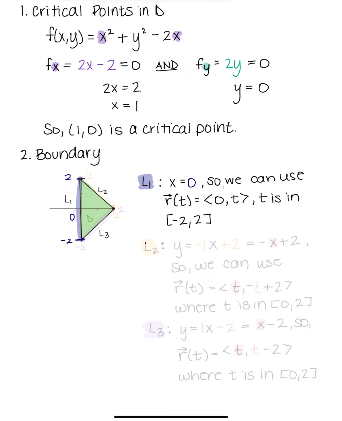So that's your first line. Then we can look at our second line. Our second line here is this line. What do we know about that line? Well, that line has a negative slope. Let's see what its slope is.